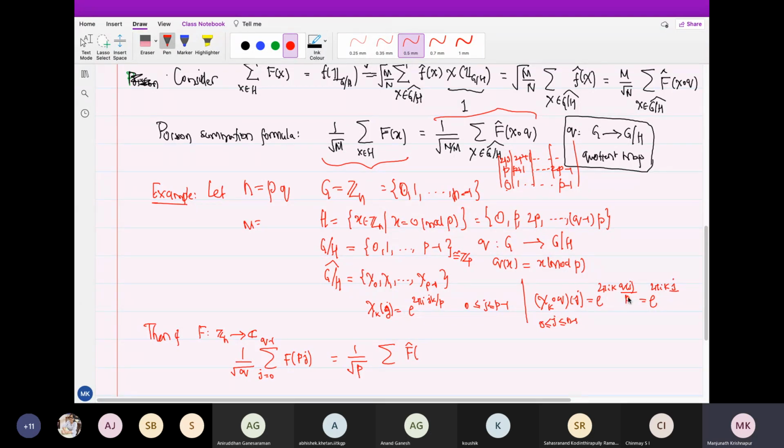Sorry, this was p. Let me repeat, chi k is given by this. Chi k compose q of j is e to the 2 pi i k q of j over p. Now, q of j is nothing but j mod p. So I'm saying that this can be written as kj over n. Why is that? Is that right?